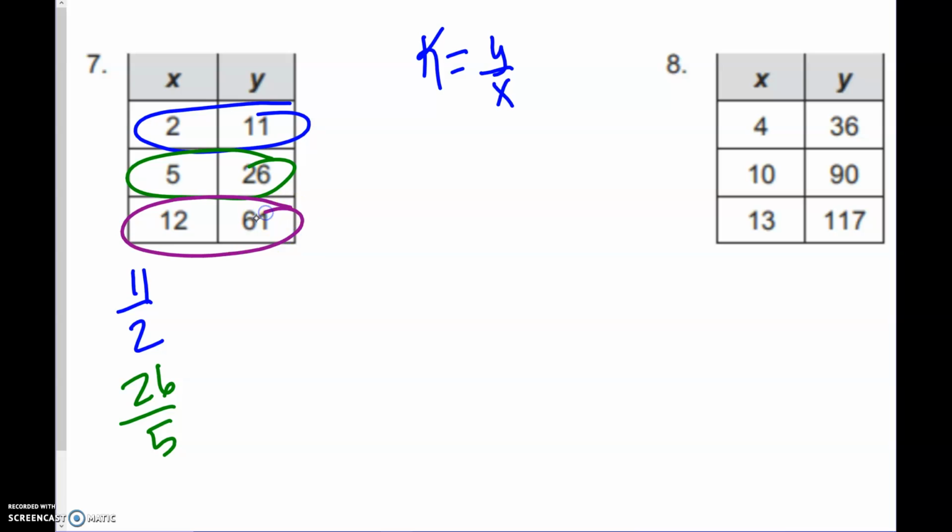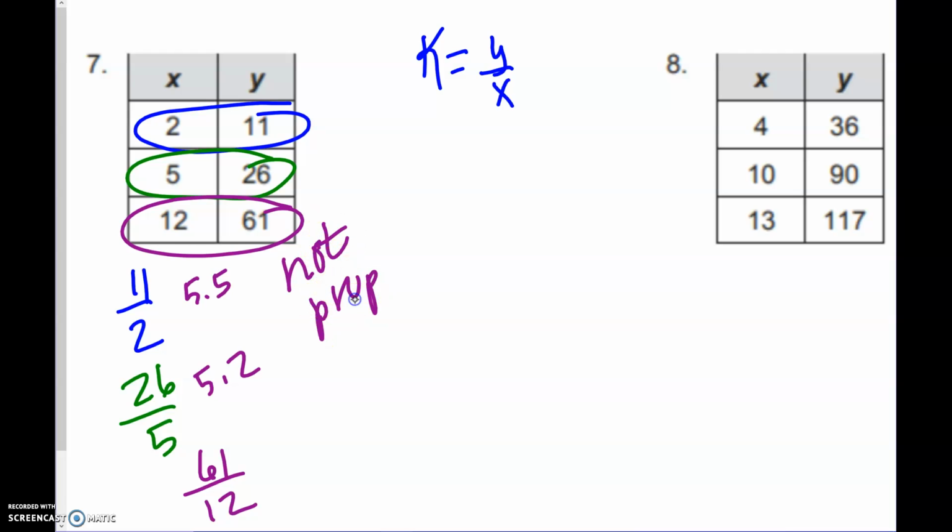And we're going to take 61 and divide by 12. So just grab your calculators and we got to see if those come out to be the same. 11 divided by 2 is 5.5. 26 divided by 5 is 5.2. Well, right there I can stop. This one's not proportional. Why? K value's different.